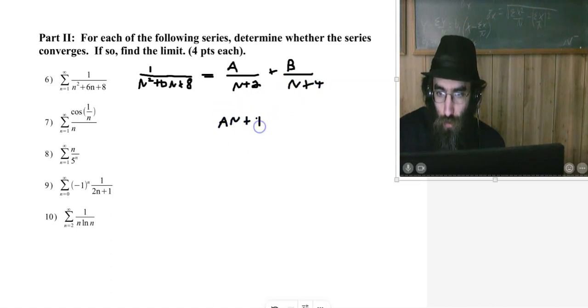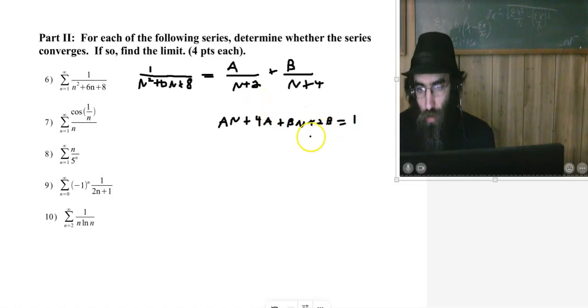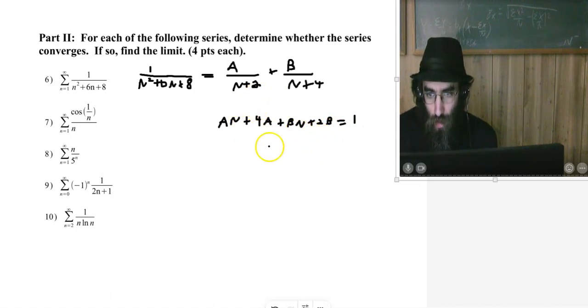Then an plus 4a plus bn plus 2b equals 1, because the denominators will just match. The an plus the bn must cancel because there are no n's on the right-hand side. So a equals negative b.